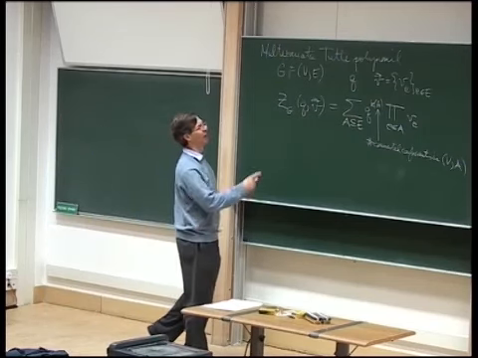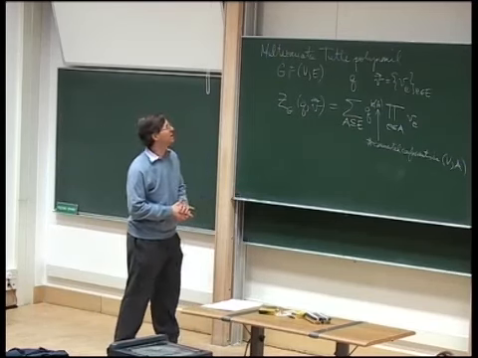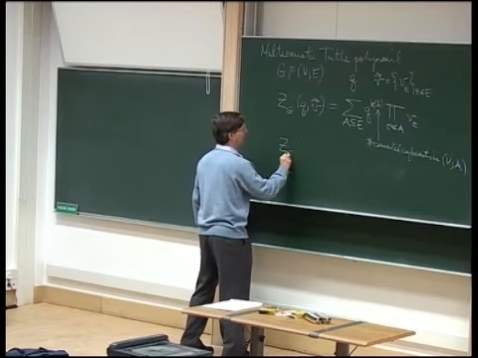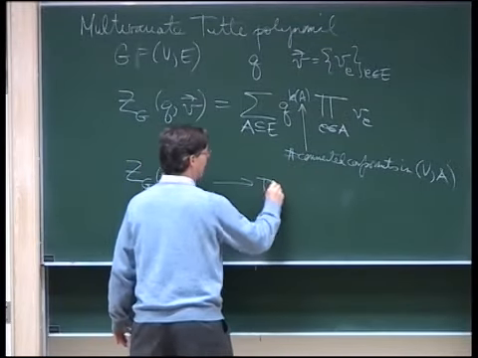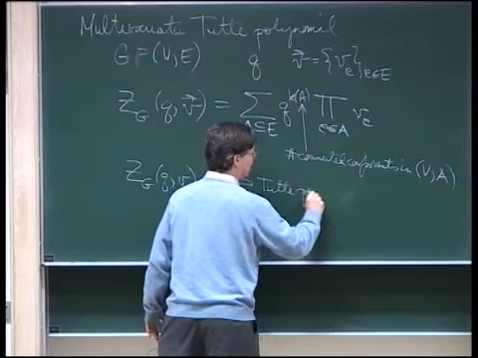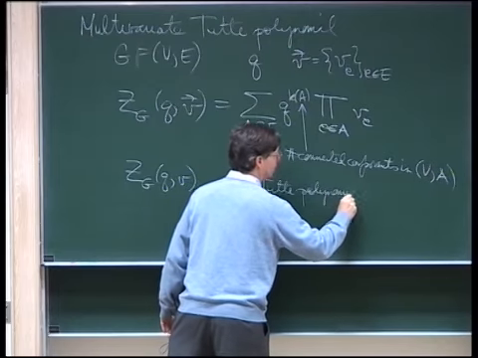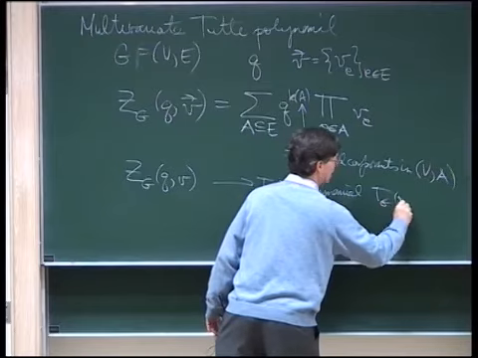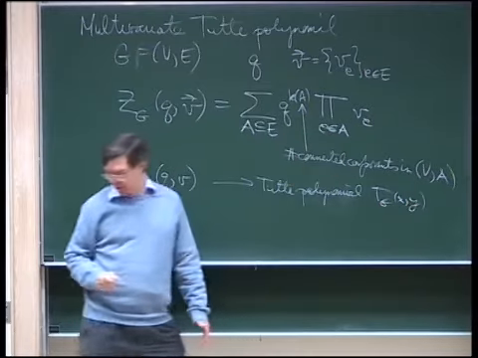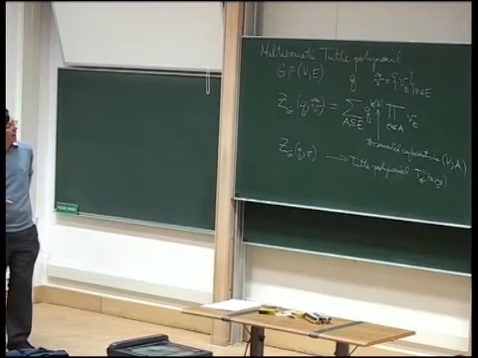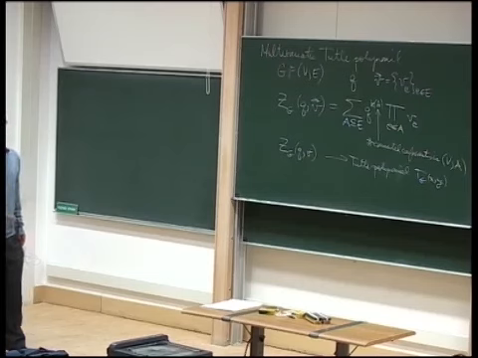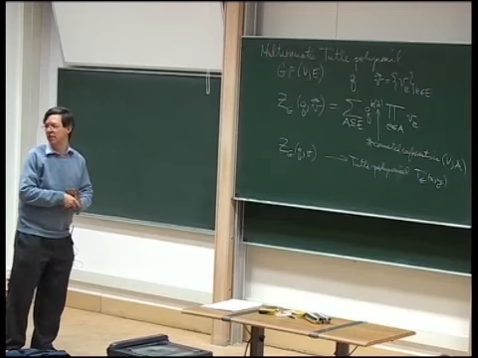If you specialize all the variables v_e to be equal, then you get a two-variable polynomial Z_G of q and v, which is essentially equivalent to the standard two-variable Tutte polynomial T_G of x and y, except that there's a change of variables between q, v, and x and y, which is designed to obscure the fact that q and v play very different roles.